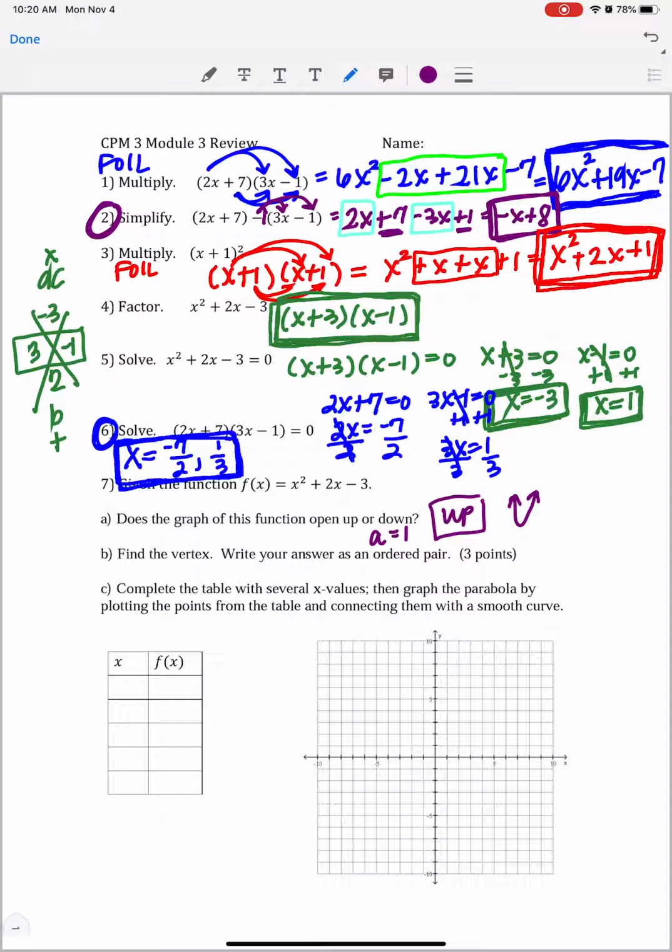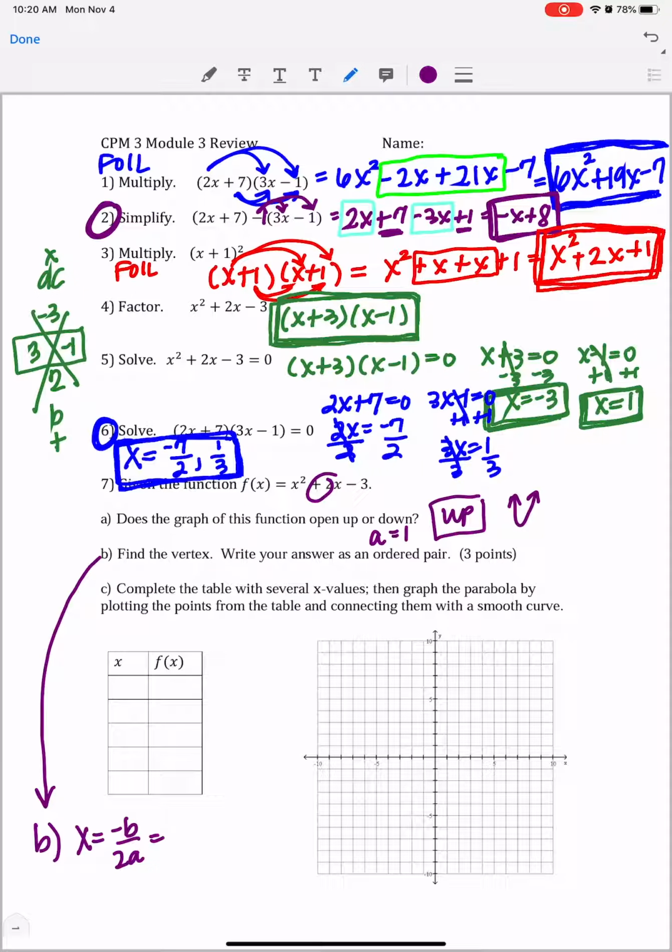B, find the vertex and write this as an ordered pair. You need to memorize this. This is your -b over 2a. So x equals -b over 2a.